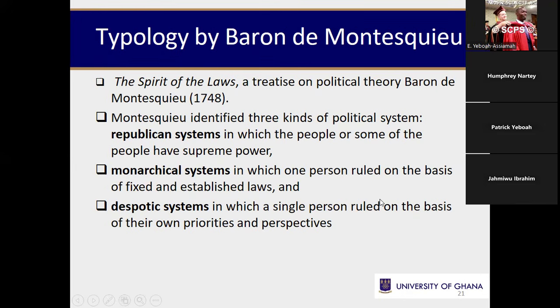So in some countries, when you go there, the people have the power. And the people decide to vest their power into a people or a government or an individual to become the leader. And he calls those systems republican systems.